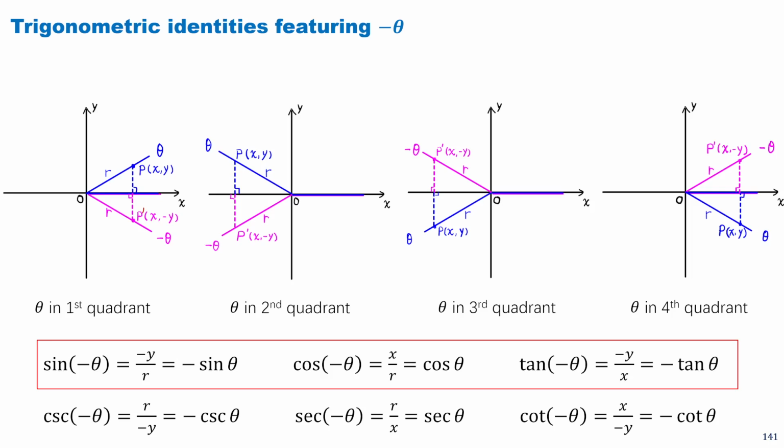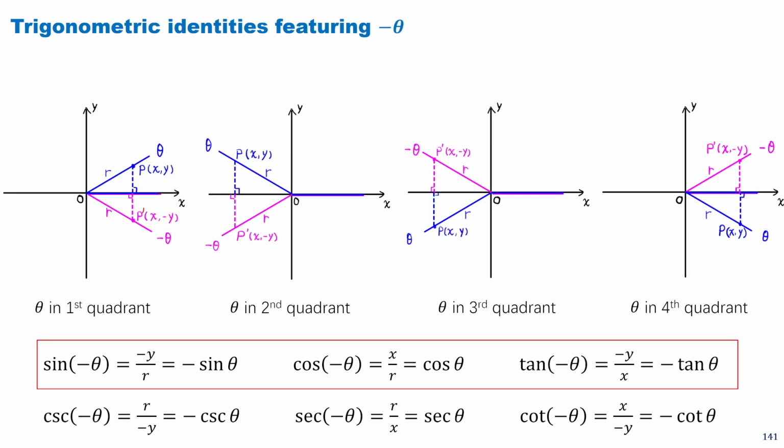So if you choose a point on the terminal arm of theta, let's call the point P with coordinates x and y. Then negative theta must be here, right? Then there must be a corresponding point P prime with coordinates x and negative y on the terminal arm of negative theta, right?